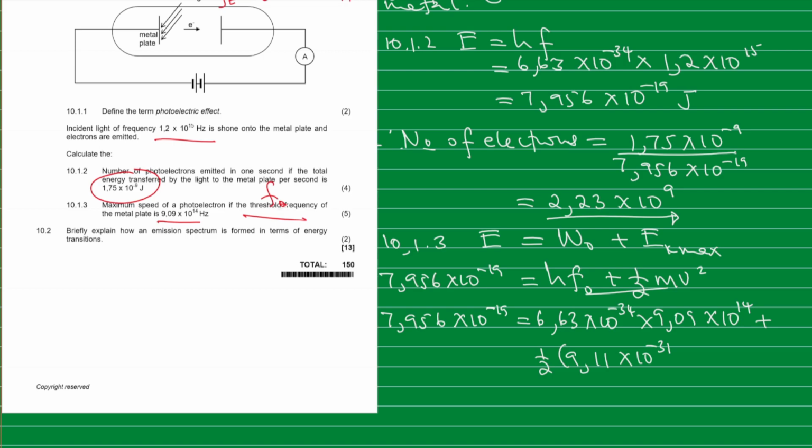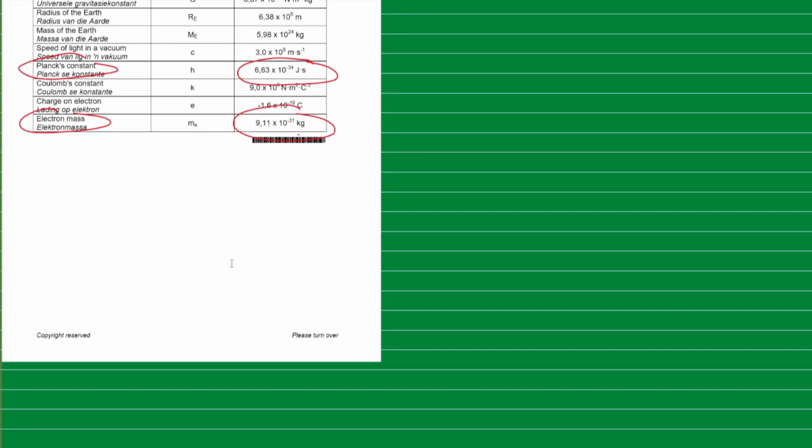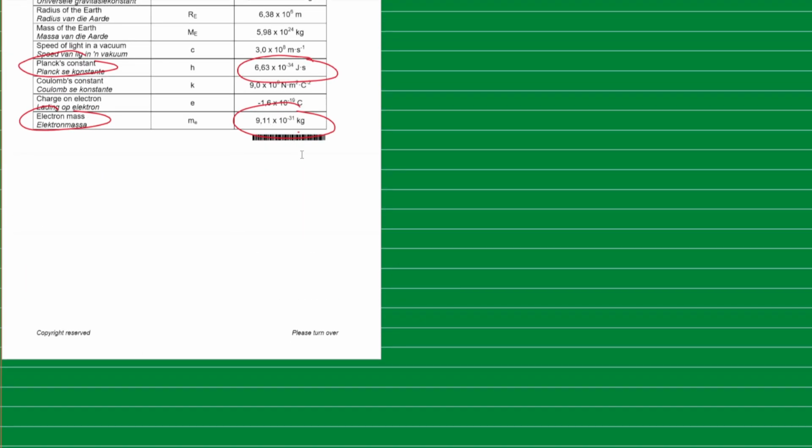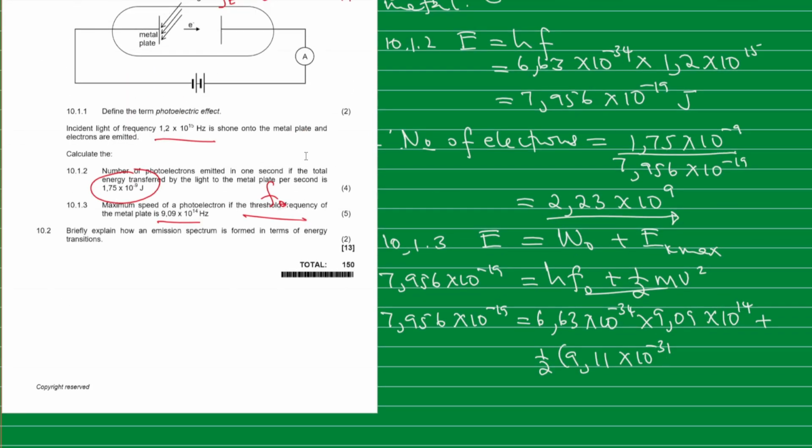That is the mass of an electron. And then that one we multiply by v squared, which we are required to find.